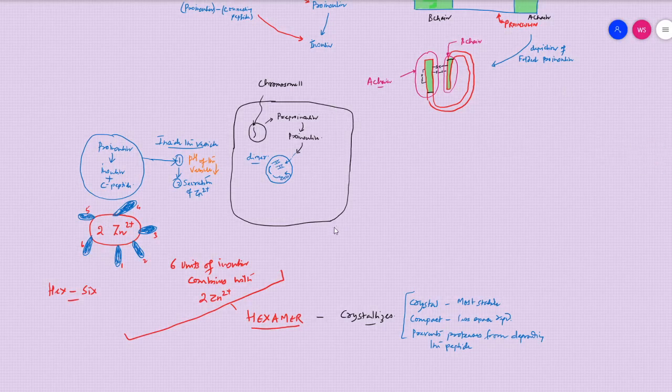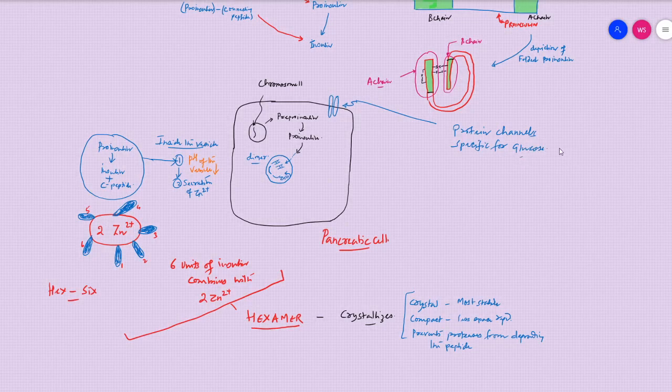This pancreatic cell has certain channels, protein channels specific for glucose.